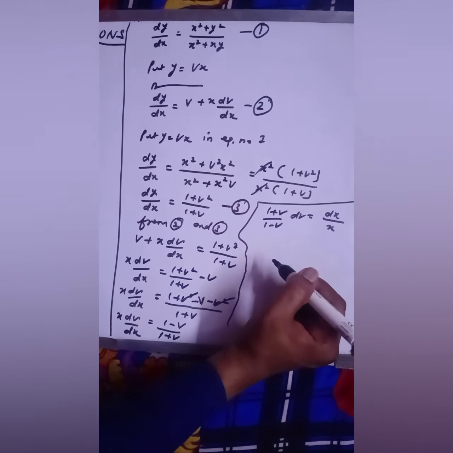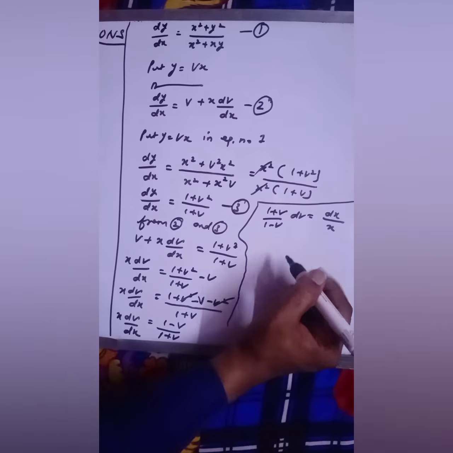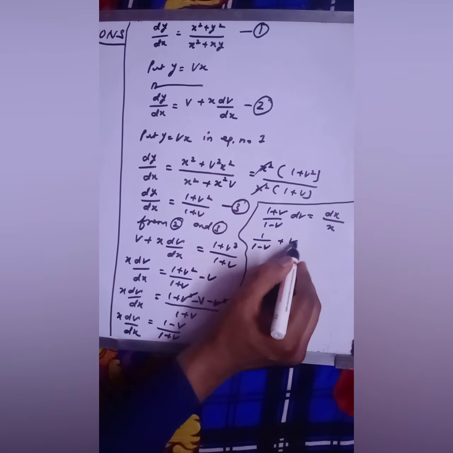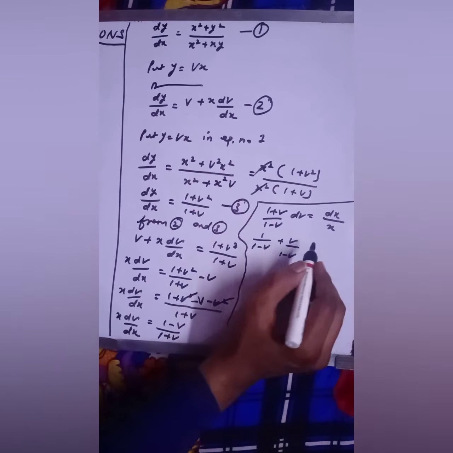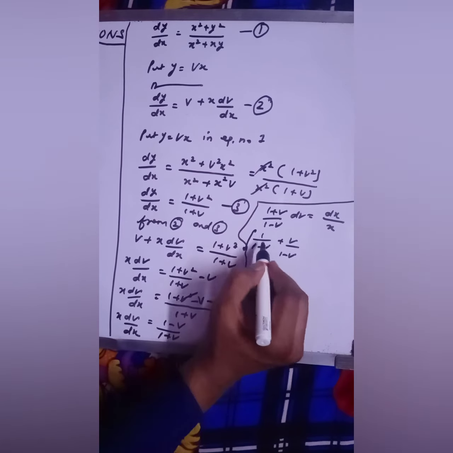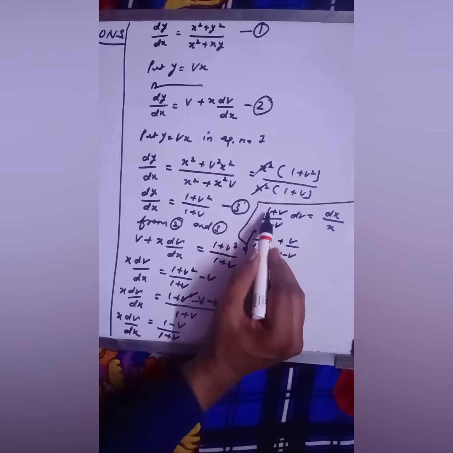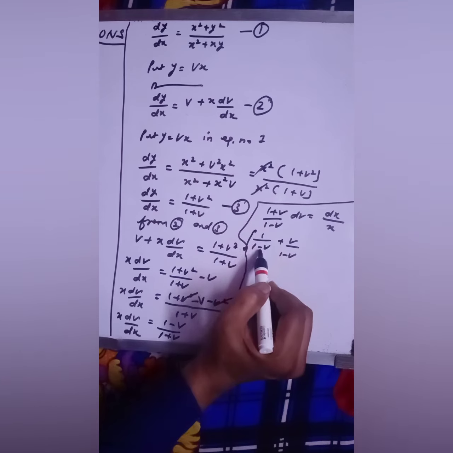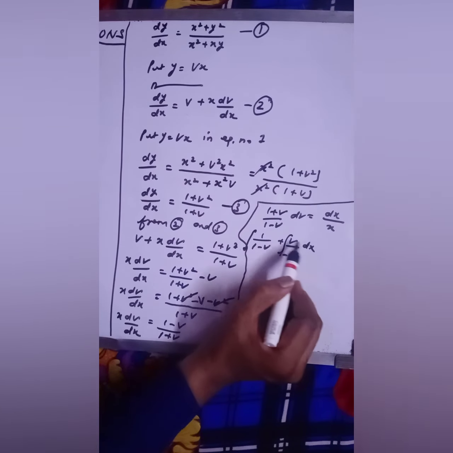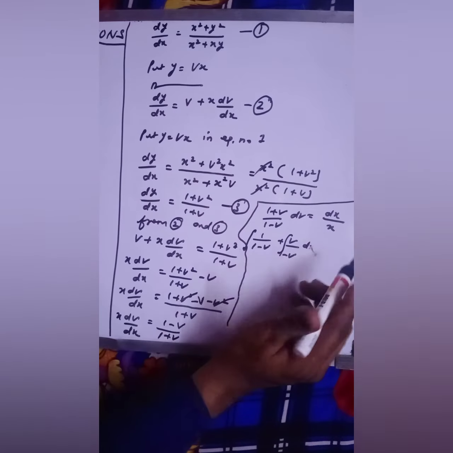Now, after this, children, what you will do? You have to put a sign of integration on both sides. You have to write integrating both sides also. So what I'm doing, 1 by (1 minus v) I'm writing, plus v by (1 minus v). Side by side you have to do this. This is your dv.